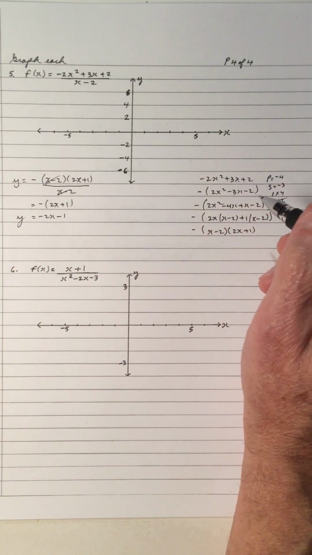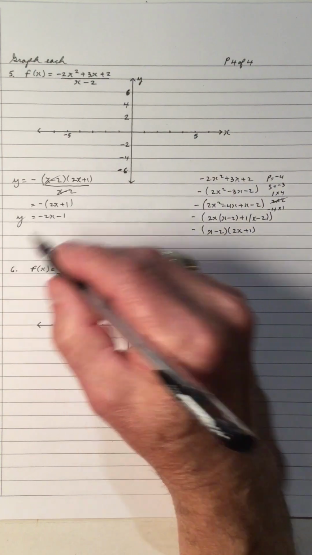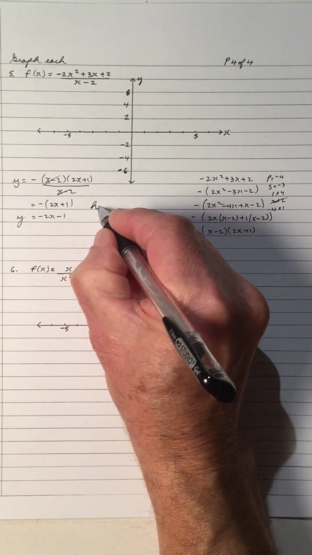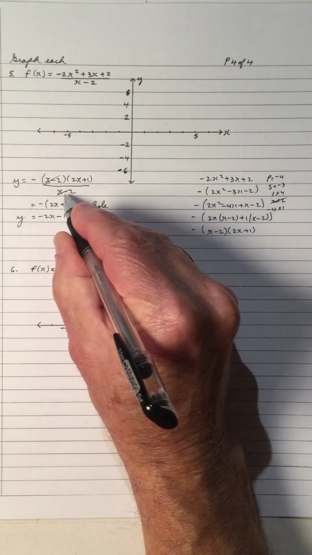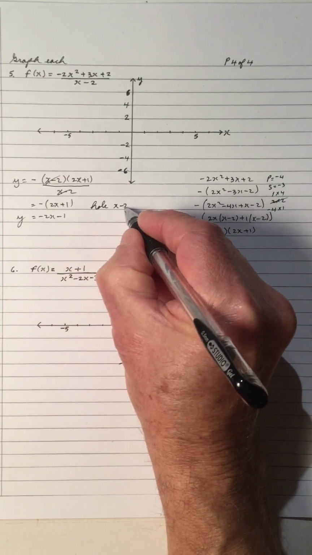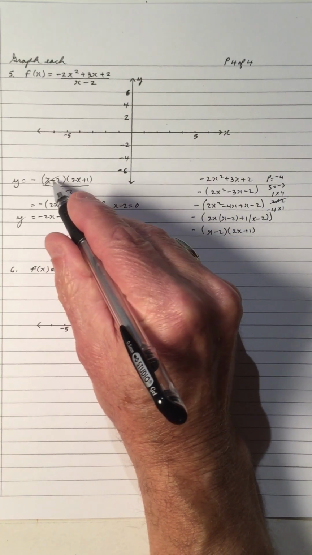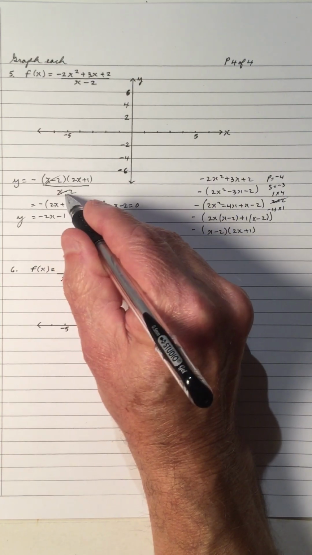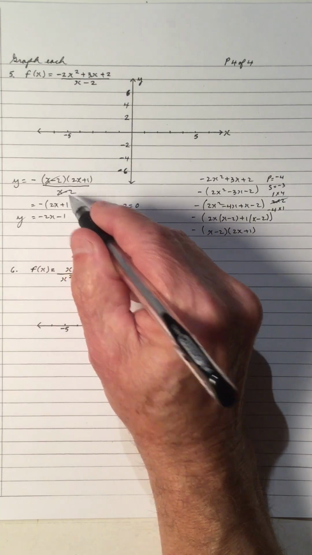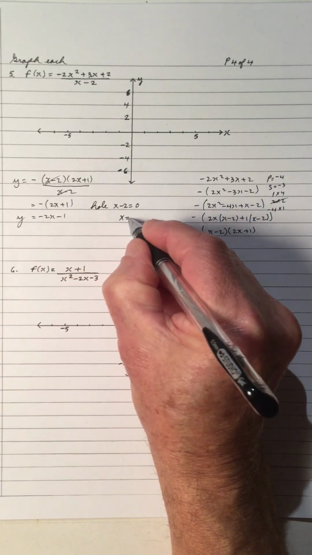And as in all of these that I'm illustrating, there's a hole. So where's the hole? It's where x minus 2 is equal to 0. Because we scratch this out, we have to look at the value of x which will make this 0, and that value of x is 2.